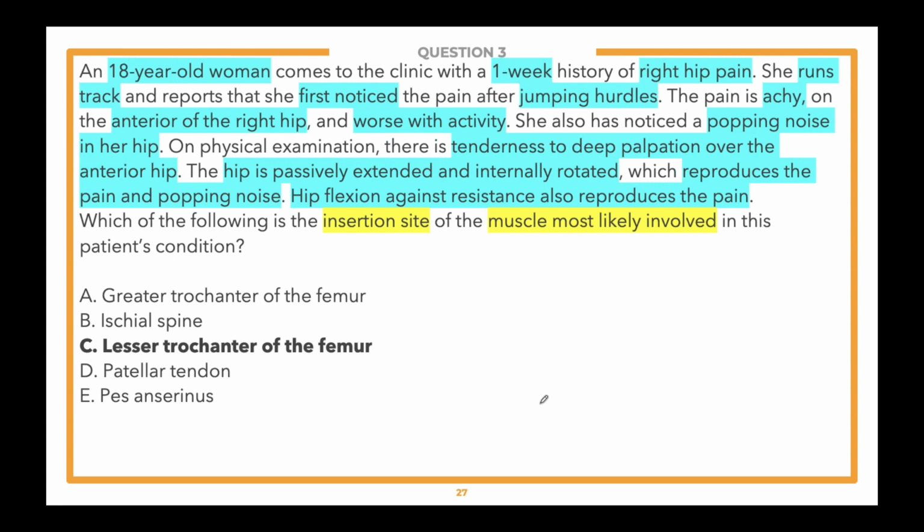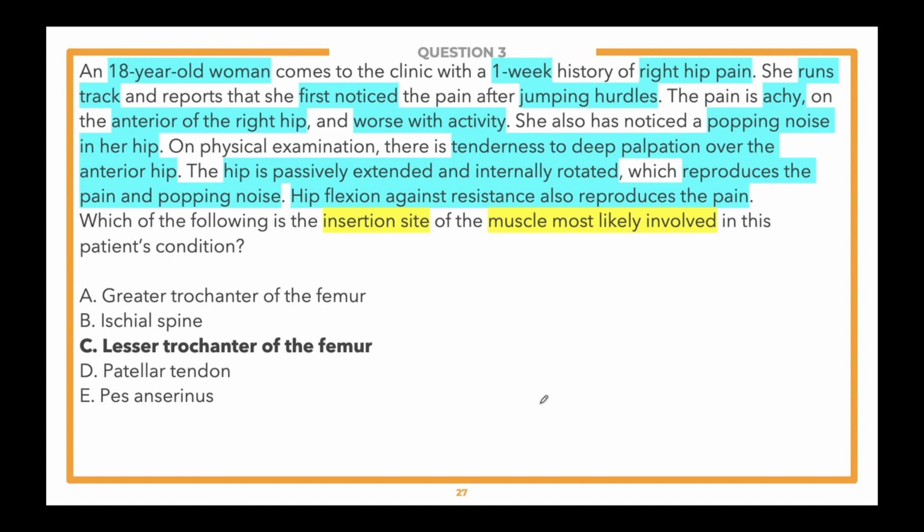Now the pes anserinus, there's a few muscles that insert there: the sartorius, the gracilis, and the semitendinosus, but not involved in the pathology in this patient. The patellar tendon is the insertion point for a lot of your quads muscles, so your rectus femoris, your vastus lateralis, medius, and intermedius, okay? But keep in mind your quads are a hip flexor.